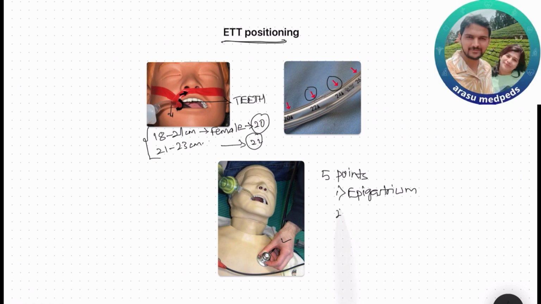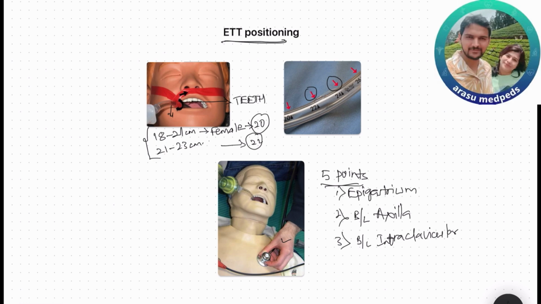Then the other 2 points are in the bilateral axilla, we have to auscultate. Then at the anterior part, that is bilaterally the infraclavicular chest areas, we have to auscultate. So these points will help us in confirming the right position of the endotracheal tube.